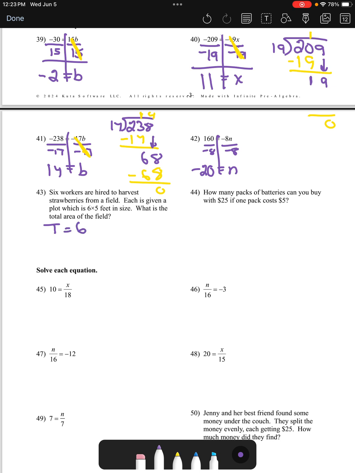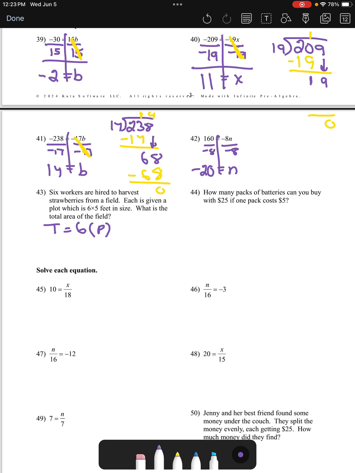So the total area is equal to our 6 workers times the area of their plot. And we're actually solving for the total area here. So you just need to figure out what the area of the plot is.